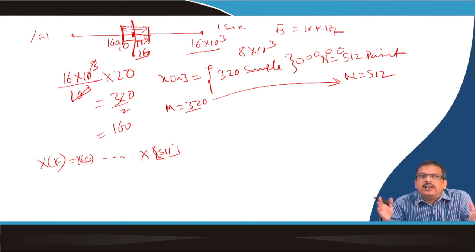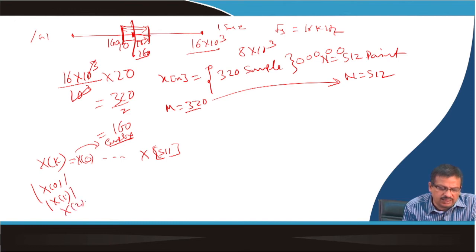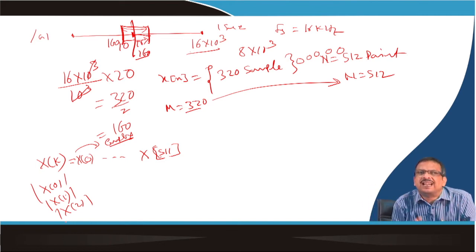So that many X values will be there, and every X is a complex number. So I have to calculate mod of X0, mod of X1, mod of X2. I can calculate easily. You calculate it. So you get a sequence which is mod of Xk.